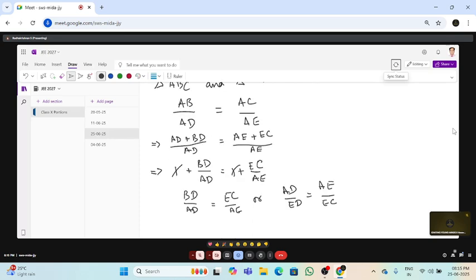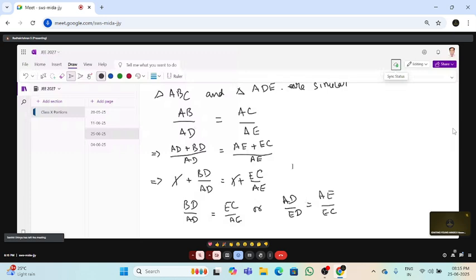Simply by using the properties of similar triangles, you can prove it. I'm just writing the reciprocals. AD by BD equal to AE by EC. And this is what we set out to prove.